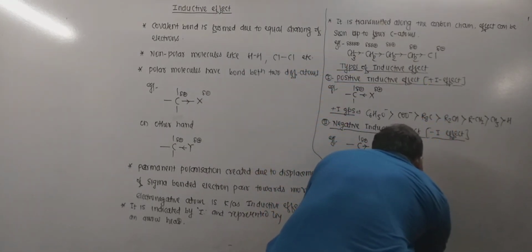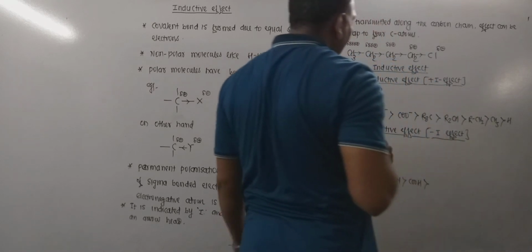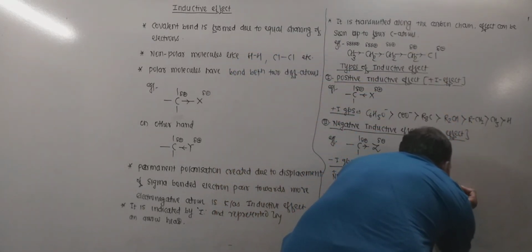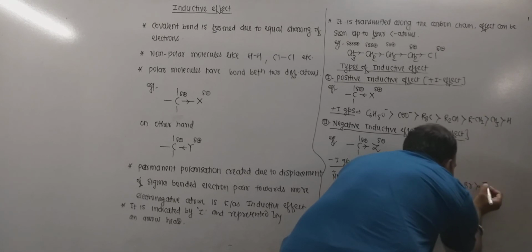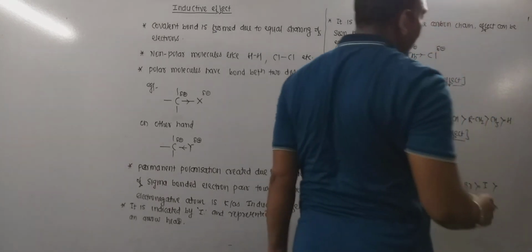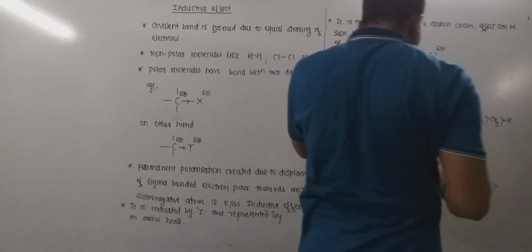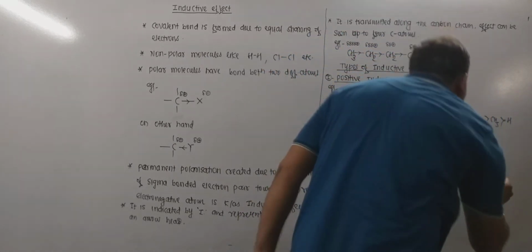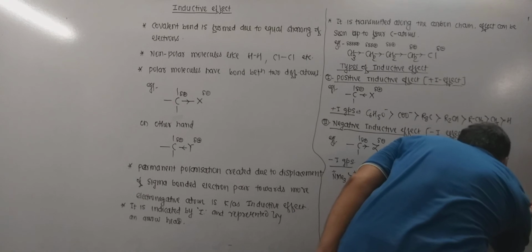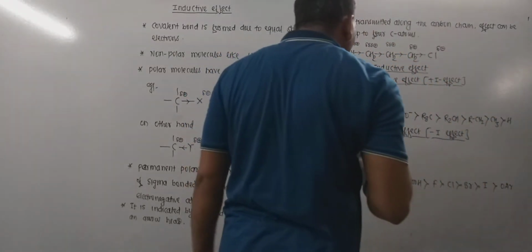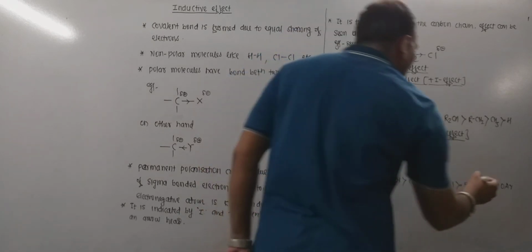Now COOH is also a minus I group which may cause the minus I effect. F, Cl, Br, I, these are also electronegative atoms, so these groups may cause the negative inductive effect. Another very important one, OR, that is aryloxy group, is also a negative inductive effect causing group.